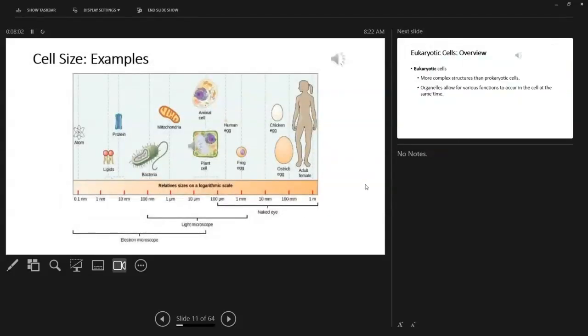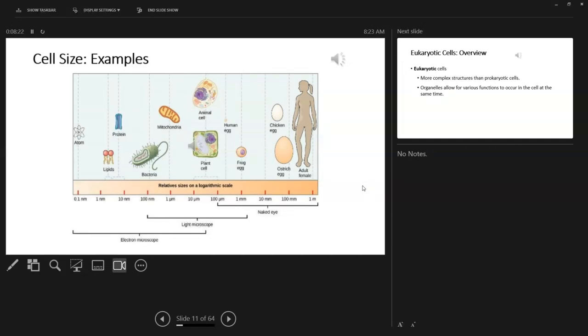Okay, this is just showing the relative sizes of various objects, and this is not to scale. So this is a plant cell, and this is a human cell. This is actually much smaller by comparison.